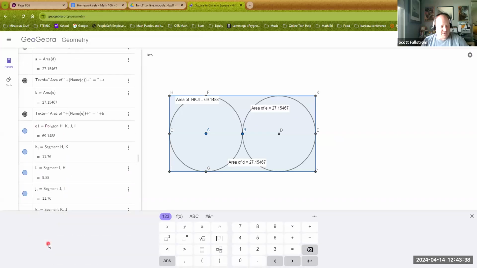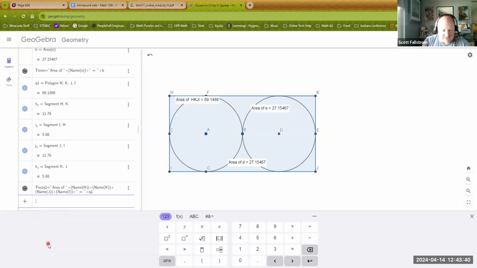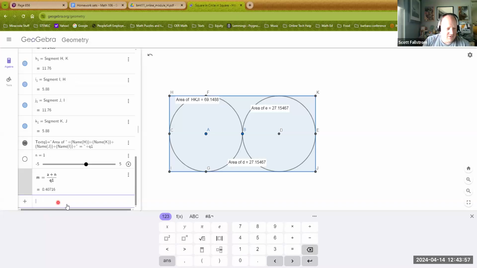I want it to be kind of like a fraction. You know what, let's just type it in. So let's put parentheses A plus B divided by Q1. Okay, let's see here. There we go. Okay, that's the area that's used.